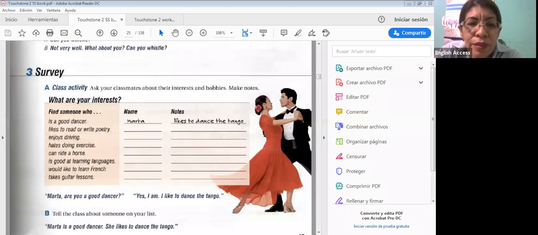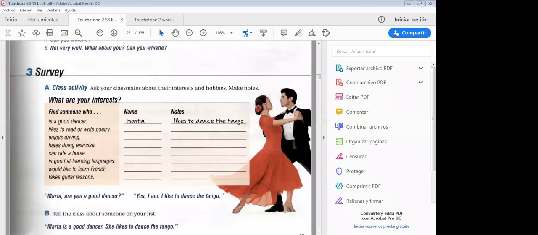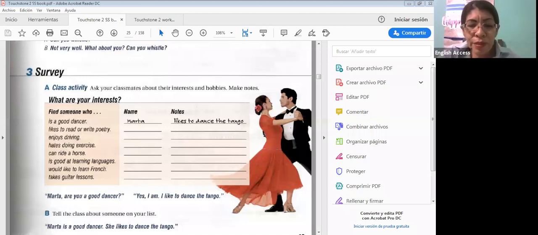What's your question? Can you ride a horse? Yes, can you ride a horse? No, Mauricio, remember with can, we need only the simple form of the verb. We don't use ing. Can you ride a horse? Then it says someone who, no problem, Mauricio.